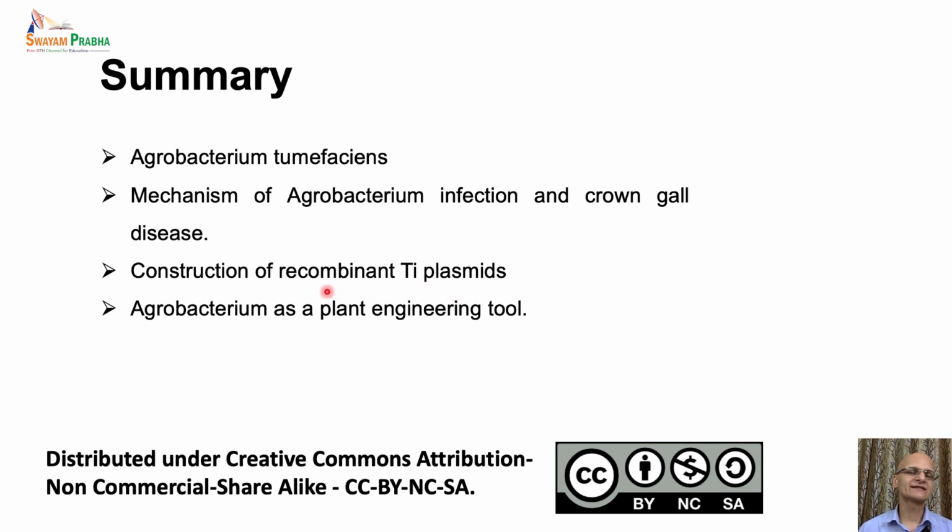Finally, we discussed how we can replace the tDNA from the Ti plasmid, and it still is able to cause the transformation, so we can transfer the genes of our interest by constructing these recombinant Ti plasmids. In this way, Agrobacterium can be used as a plant genetic engineering tool.